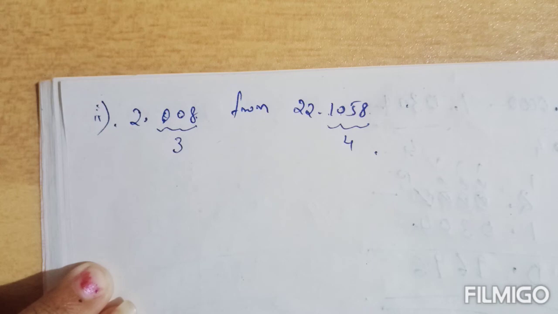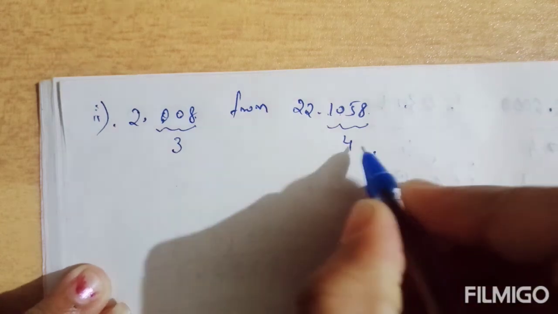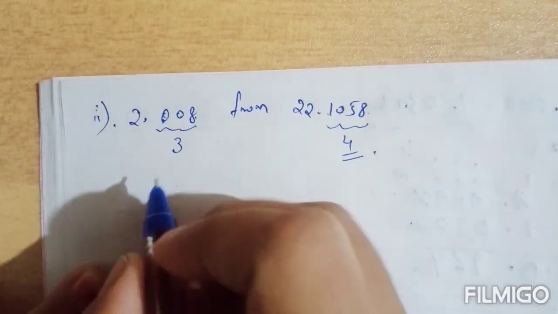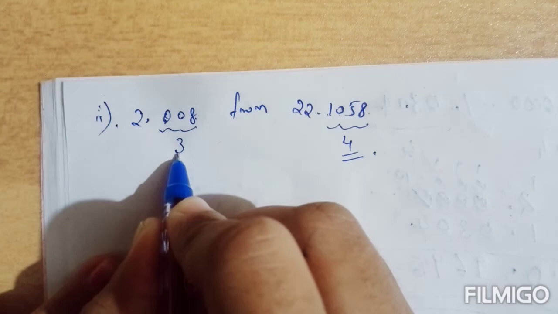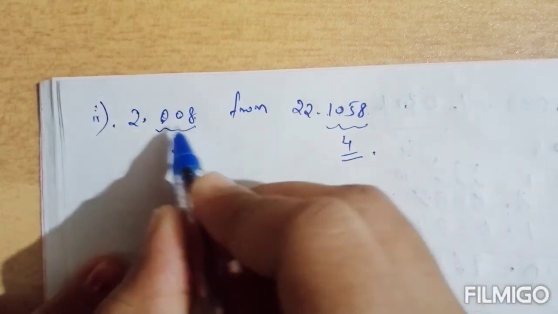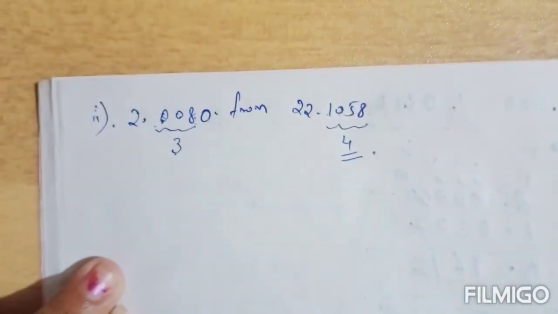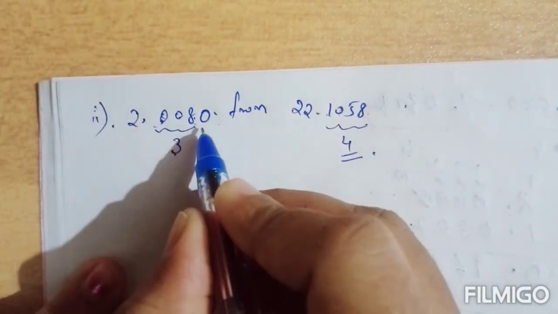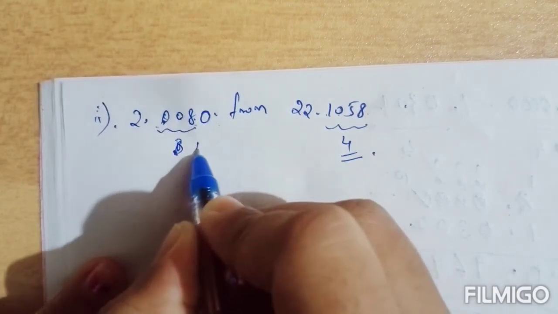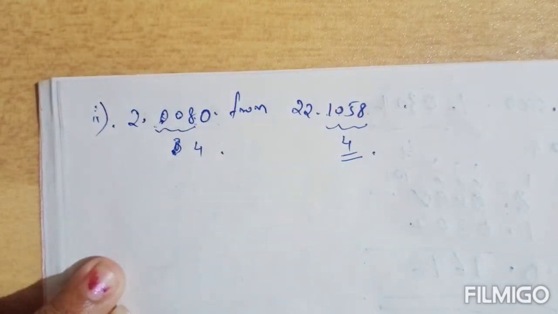That means we have to convert unlike decimal numbers to like decimal numbers. Okay, maximum it is 4. Here it is 3. Okay, so in order to make it 4 decimal places, you can put 0 at the right end. Only one 0 is required. Now it is 4 decimal places.